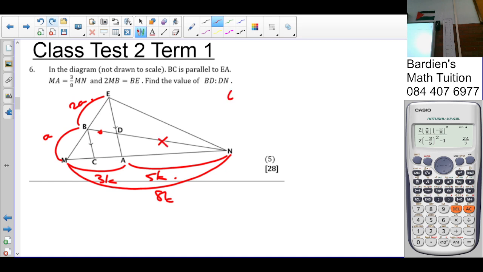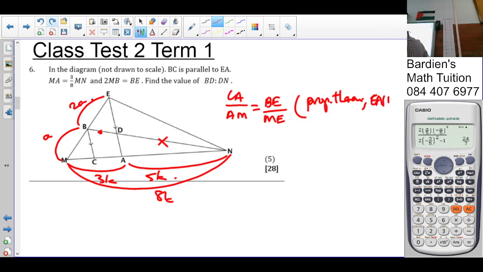So I'm going to say CA over AM is equal to, why not CM? Because the CM is not known. However, I know AM is 3K. That's why I'm going with the whole. So CA over AM is equal to BE over the whole length of ME. The reason is the proportionality theorem with EA being parallel to BC.